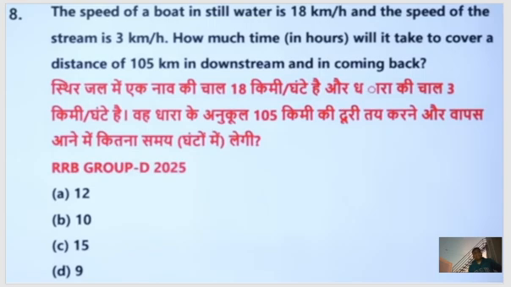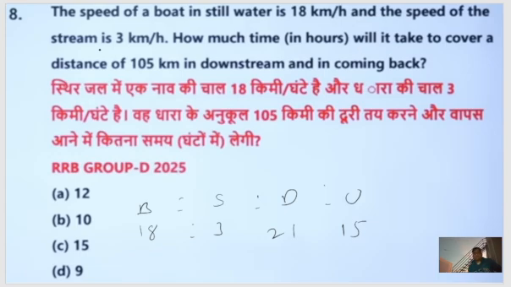Next question. The speed of boat in still water is 18 km per hour and the speed of stream is 3. Boat and stream, here it is 18 and 3. Downstream, upstream: here it is 21 and here it is 15.